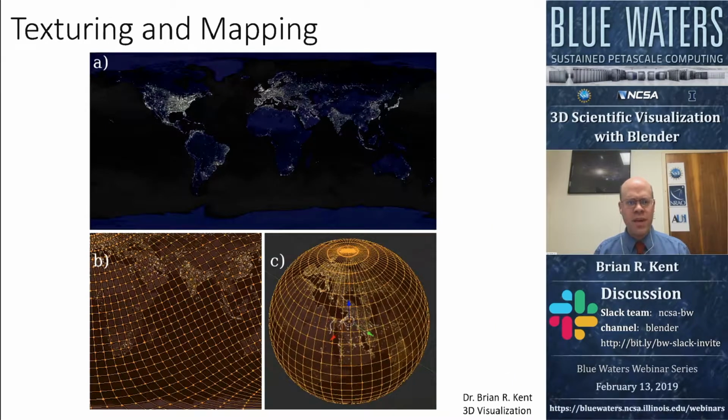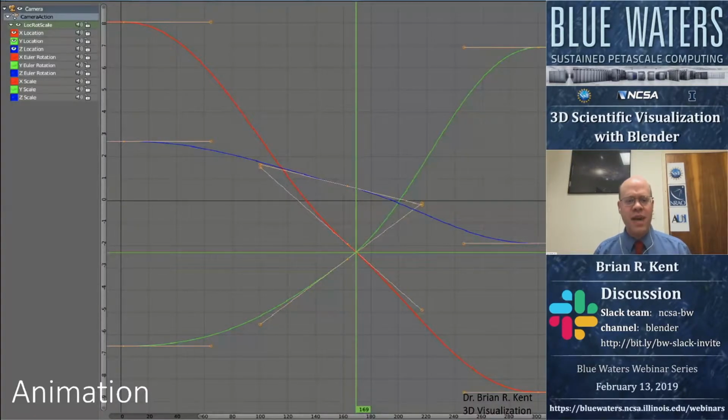Once we have our model, in the case of doing a planetary mapping, we can take examples like data from NASA and planet Earth and actually map those projections onto a sphere. Once we have that, we can actually animate our data. This is a graph view of the animation, and you can tell from the sine curves here, we're actually doing a rotating camera view where we've got our location, our rotation, and our scaling.